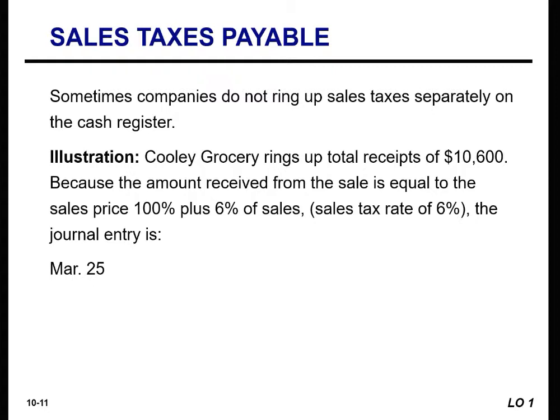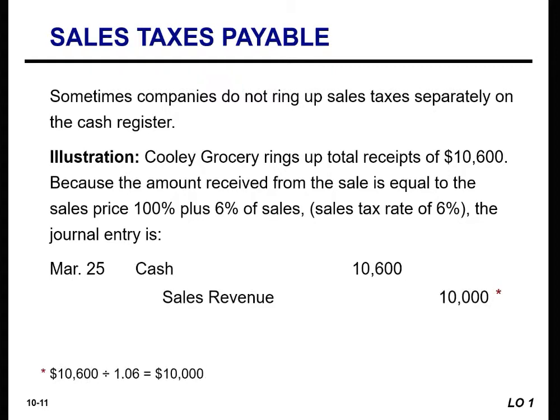They have total receipts of $10,600, because the total amount received from the sales is equal to the sales price plus 6%. We will have sales revenue of $10,000 and sales tax payable of $600. So you can back into it if it is absolutely necessary.